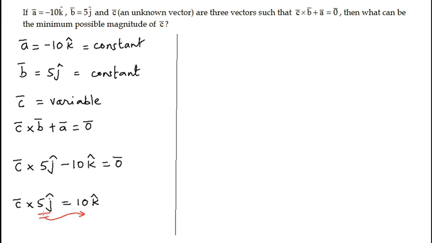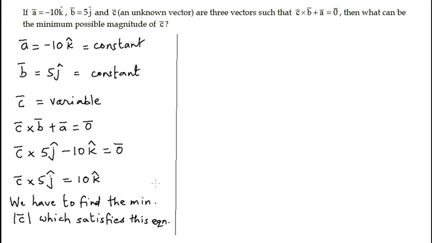So I have to solve the problem retaining 5j cap for some time on the left hand side. And so our objective in this particular question is to find the minimum value of the magnitude of c bar which satisfies this equation. And we will attempt to solve this question using a diagram.